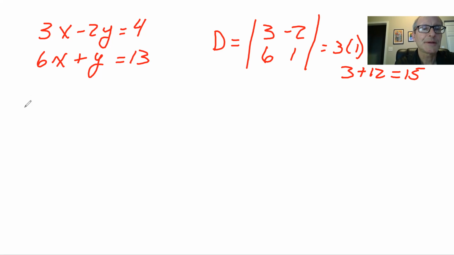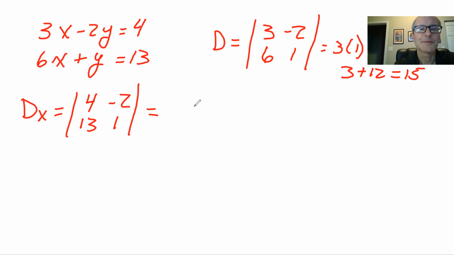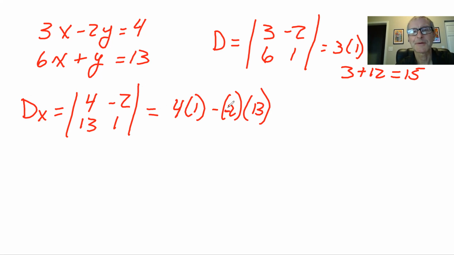So what is the dx determinant? And so we replace the first column, the x column, with the answers, 4 and 13. And that would be minus 2 and 1. So you do this calculation, it's 4 times 1 minus minus 2 times 13. Whoops, minus minus 2. Forgot my minus in there.